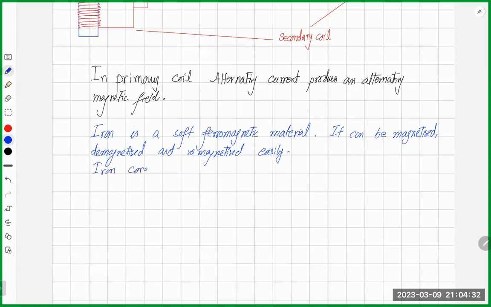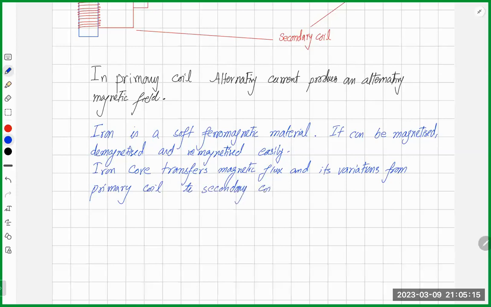Iron core transfers magnetic flux and its variation from primary coil to secondary coil efficiently.